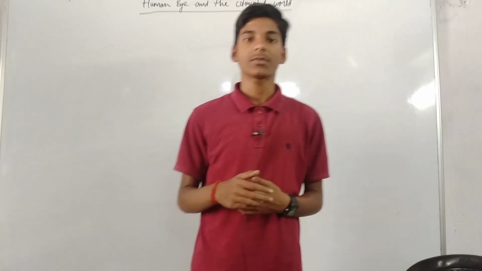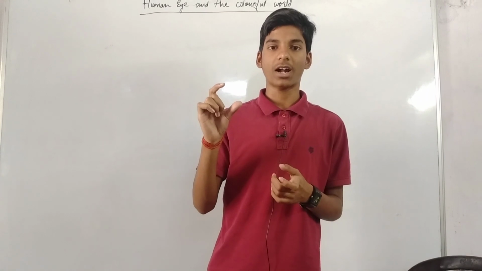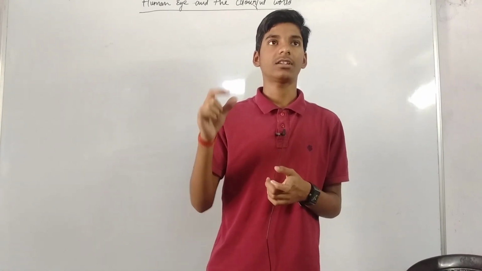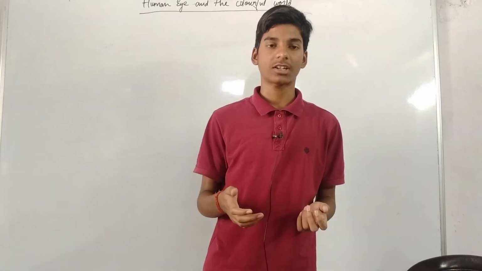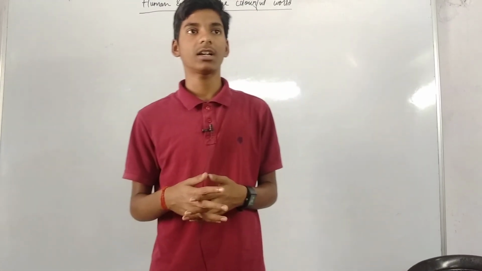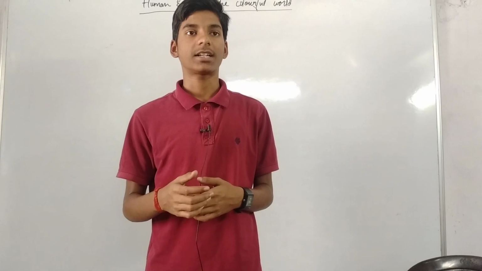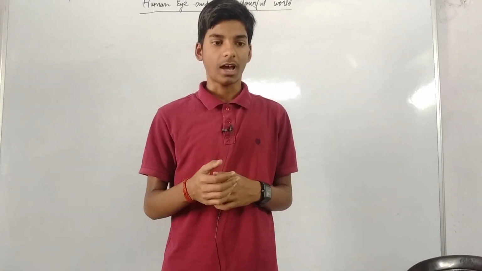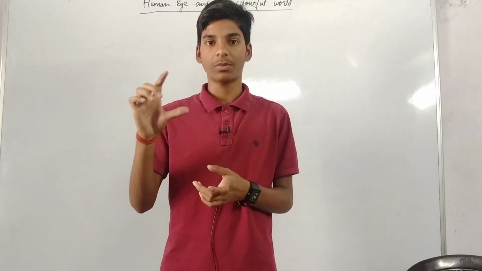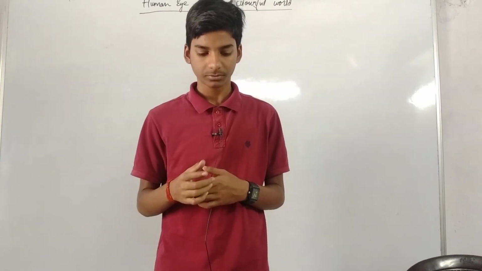Then there is iris. It is a colorful part in the eye, and its color can be black, brown, green, etc., and it regulates the size of the pupil that is in the middle, and iris holds the pupil in the center.